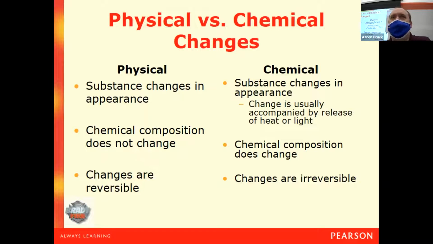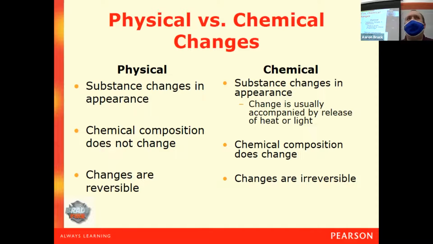In that change, we go from solid ice to liquid water. Chemically speaking, nothing is happening. The water is H2O in the ice, the water is H2O in the liquid. All that's really changing is how those molecules are arranged and interacting with each other.